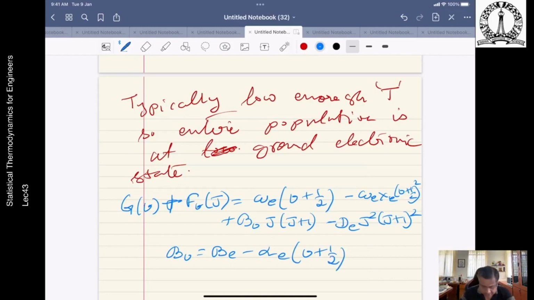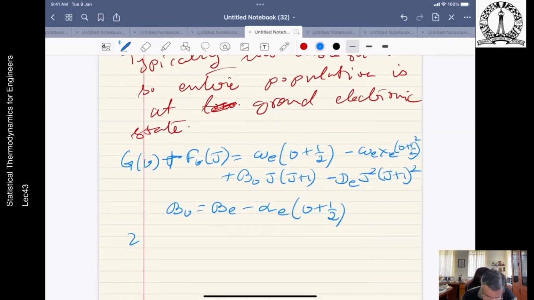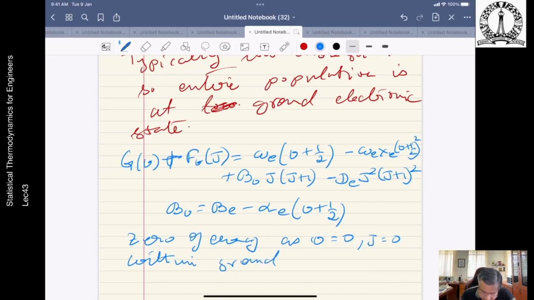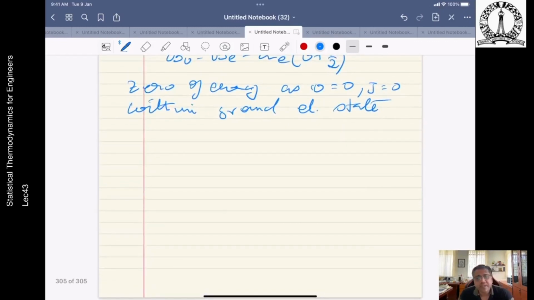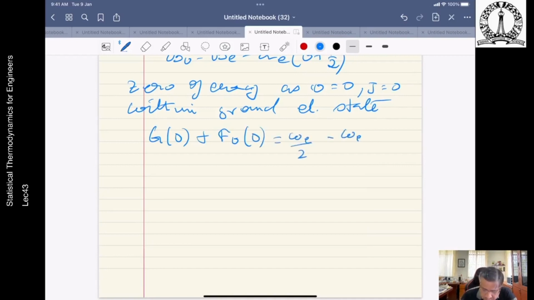Taking the zero of energy as V equal to 0, J equal to 0 within the ground electronic state, we have G 0 0 plus F 0 0, that is omega E by 2 minus omega XC by 4.